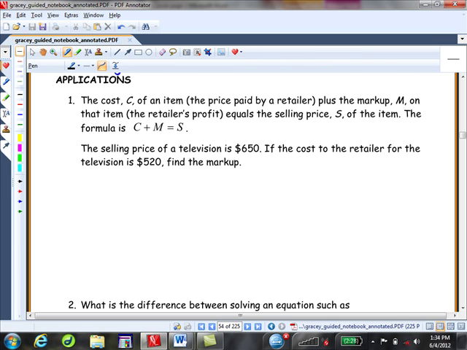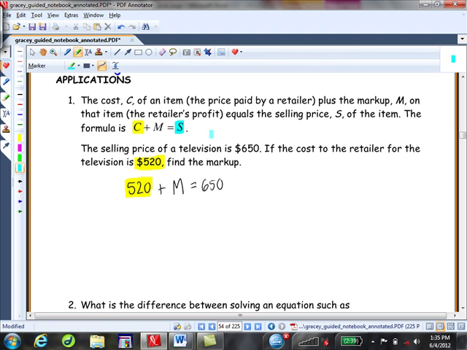Okay. So let's figure out what we have going on. So remember, we have C. Now C was the cost of the item that was paid by the retailer. Do we know that? Good. The C was $520. So we'll leave the units out for right now and just put the 520. So this is my C. Now we need to find the markup. So we'll just put plus M. And then the selling price S was $650.